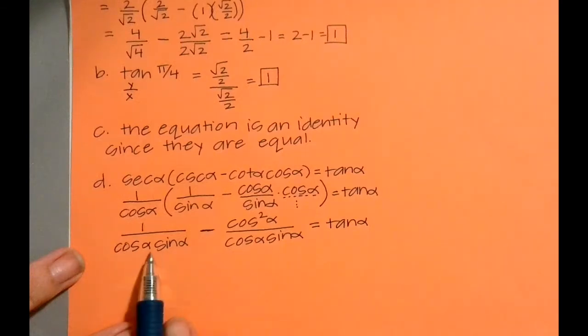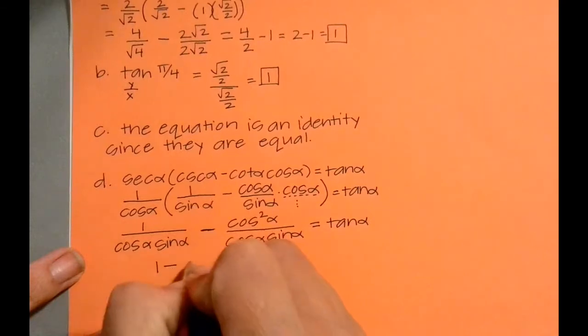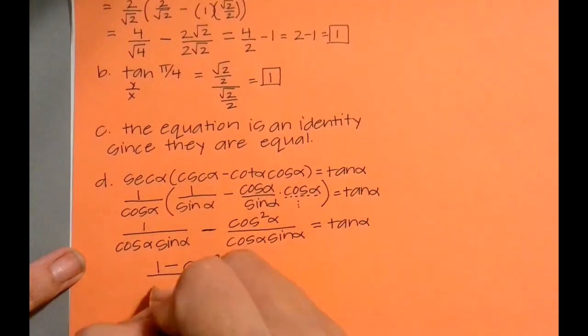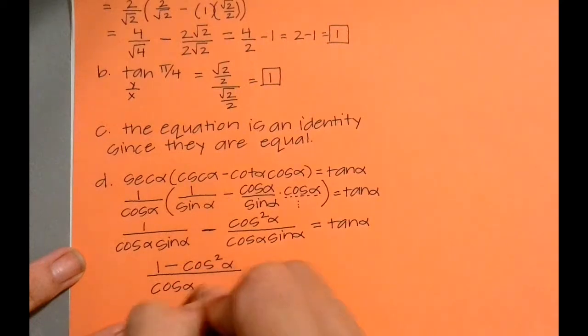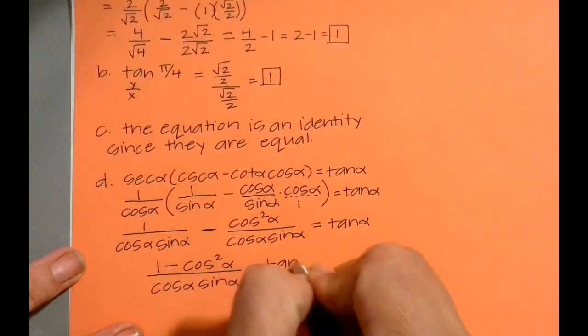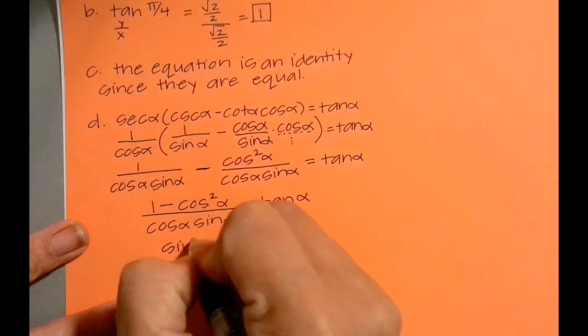They already have a common denominator, so that's awesome. So now I have 1 minus cosine squared alpha all over cosine alpha sine alpha. That's equal to tangent alpha. And then 1 minus cosine squared is sine squared.